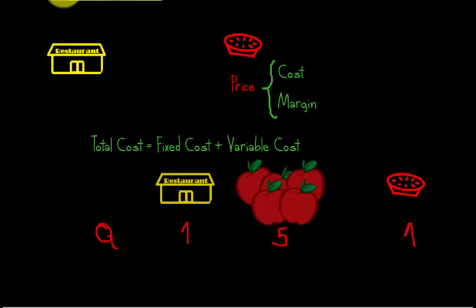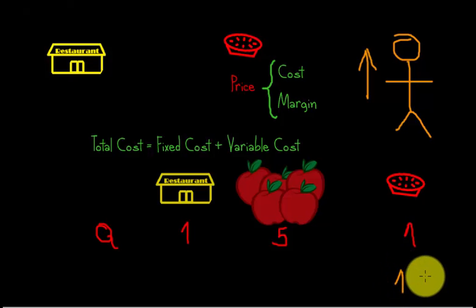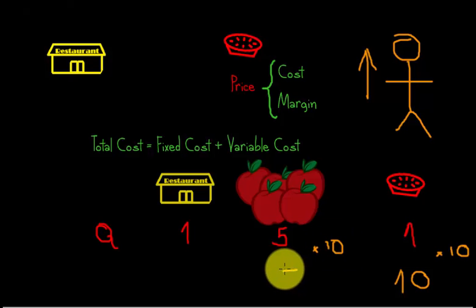But what happens if the number of consumers increases and we need not one apple pie, now we need 10 apple pies? This is multiplied by 10, and this also has to be multiplied by 10. So then we need 50 apples.